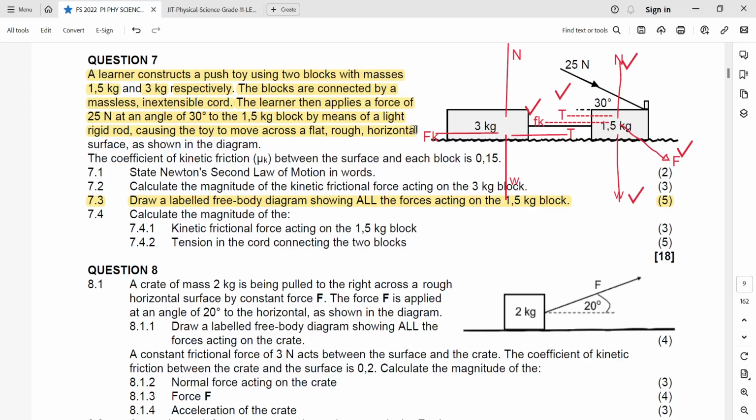It won't have an impact on the acceleration, but only the force exerted or applied has an effect, causing the toy to move across a flat rough surface, meaning there's friction. Automatically we have drawn the free body diagram, we have seen the friction. When they say flat, we go back to horizontal. Rough means friction, then horizontal surface.